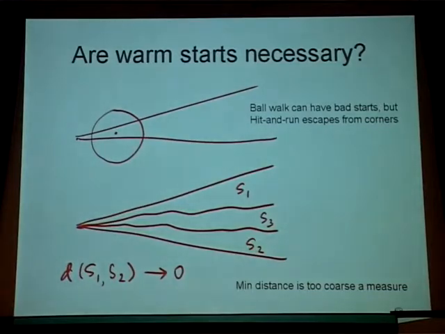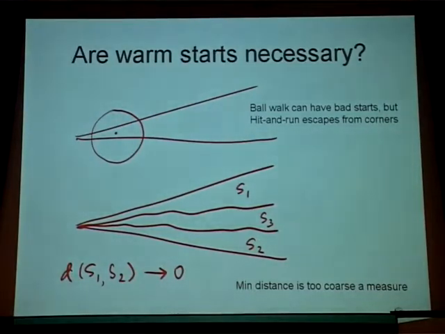The volume of the ball that's actually contained inside could be a negligible fraction, and so you're not even moving. And that's why you need a somewhat warm start, a good start somehow. So there are various tricks to do that. Let me not get into that. What about hit and run? Hit and run we know will move, but is it just going to oscillate in that corner and never leave, or is it actually going to escape? And it turns out it actually escapes at an exponential rate. It just zooms out of any corner.